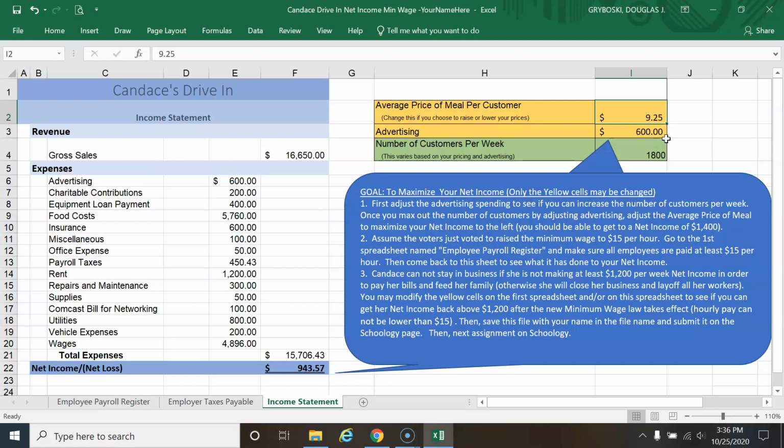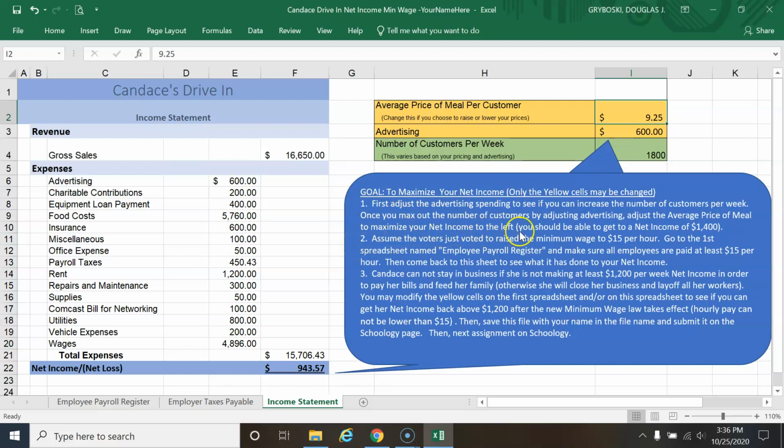So you've maxed out your advertising dollars, and then every additional dollar, your returns are diminishing, meaning you're losing money on that. So you've got to figure out what the optimum advertising budget is in order to maximize this number. So keep coming down with this number until this stays at 1,800, because that looks like that's the highest you're going to get. Then you're going to move this number around, and that's what number 2 says.